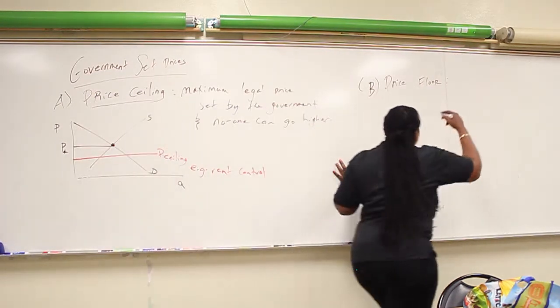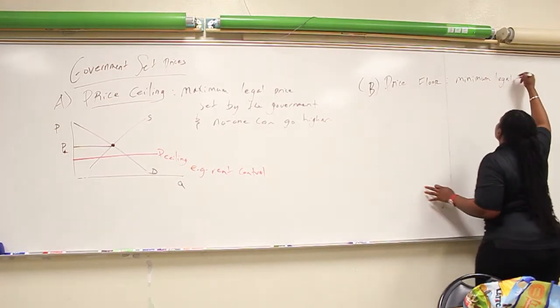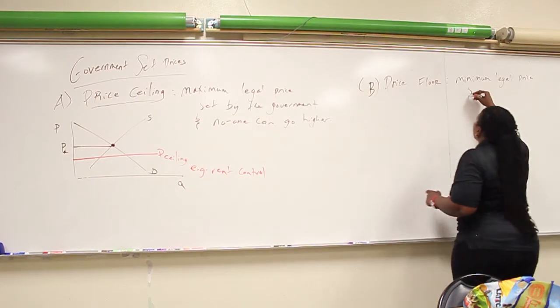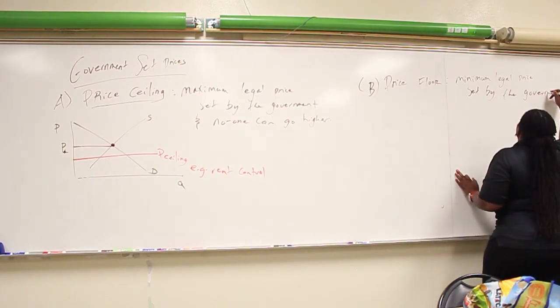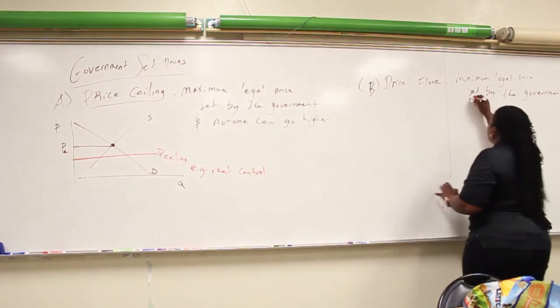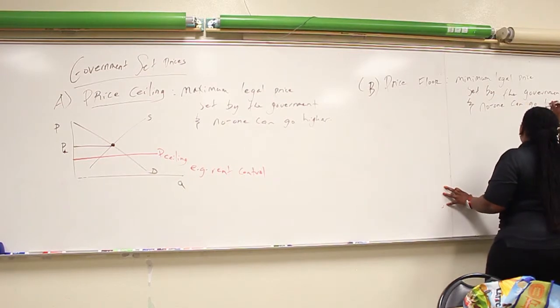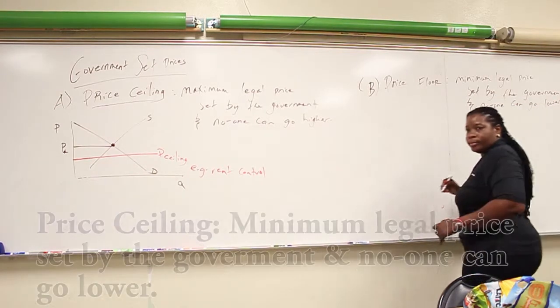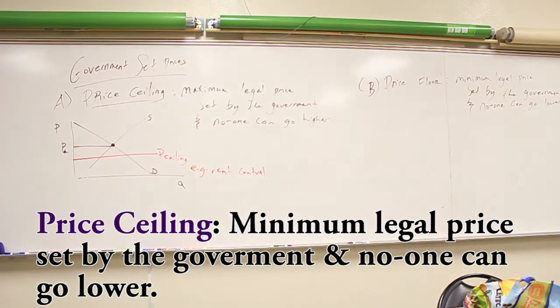This one is a minimum legal price set by the government, and no one can go lower. So with the price floor, this is some minimum legal price set by the government. And no one can go lower.